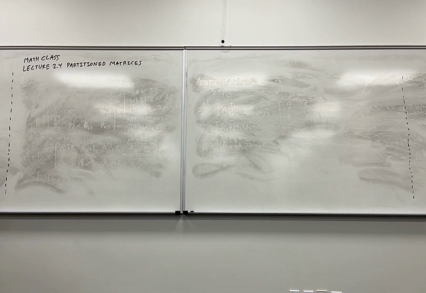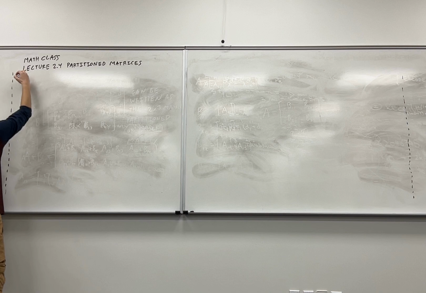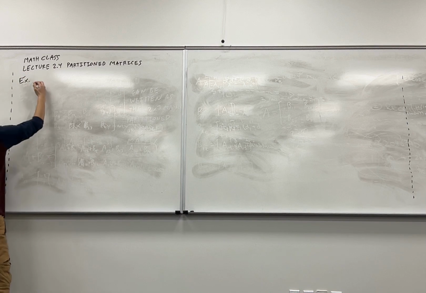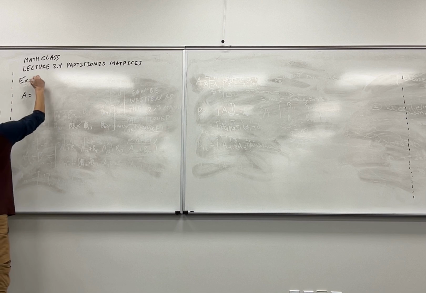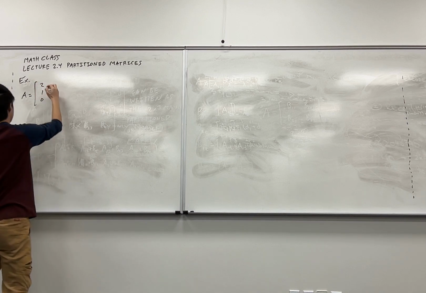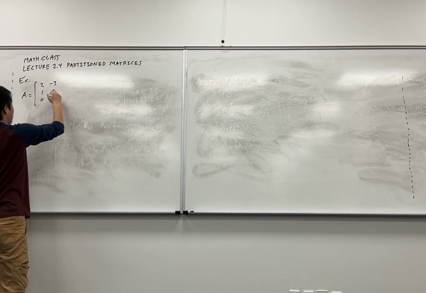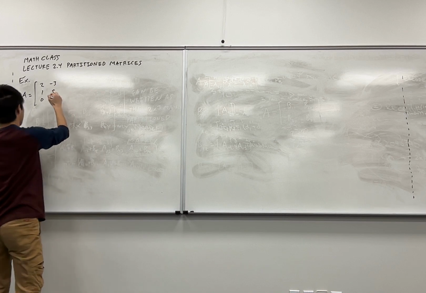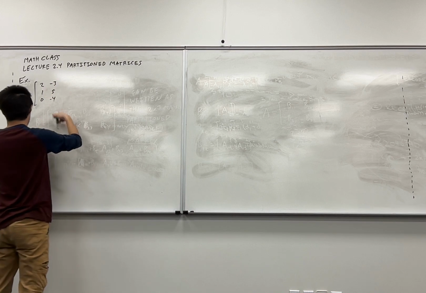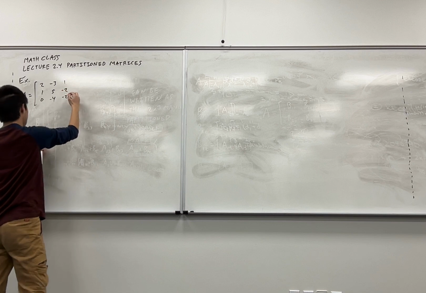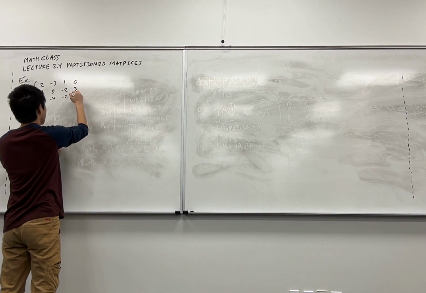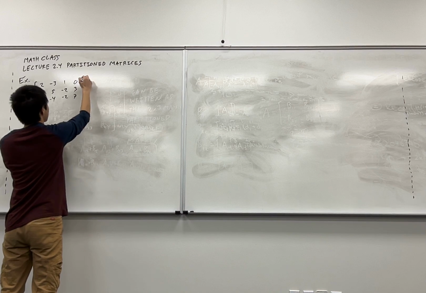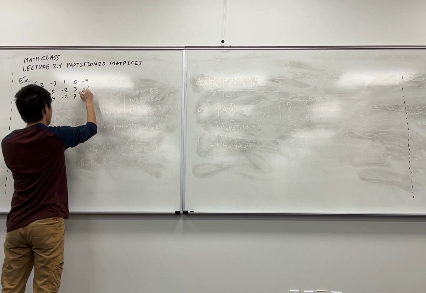This is like the only important part of the section really. So, I'm going to make a 2, 1, 0, minus 3, 5, 4, or sorry, negative 4, minus 3, 5, negative 4, 1, minus 2, minus 2, 0, 3, 7, and then minus 4, minus 1, minus 1.